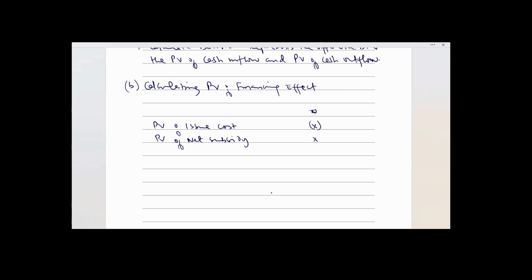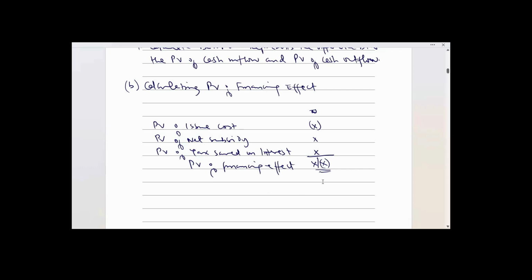Then if in the question there is an external borrowing, that is normal borrowing, in that case, you need to calculate present value of tax saved on interest. It's a cash inflow. When you add it together, it will either be positive or negative. This represents the PV of financing effects.